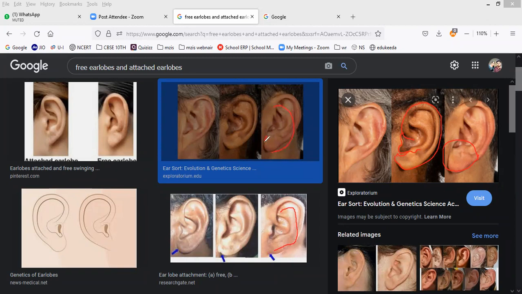Here he has a free earlobe, it is like swinging, not attached to the side of the head. But here it is attached completely to the side of the head. So this is what we call attached earlobe, and this is free earlobe. This is one of the most common variations which occurs in human beings.